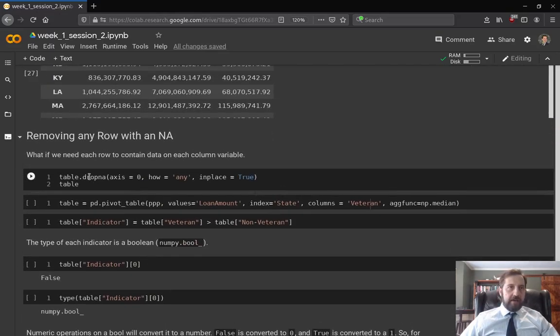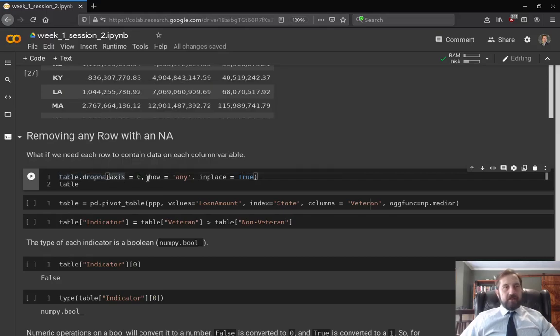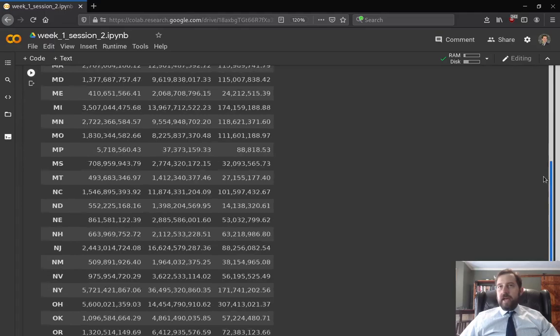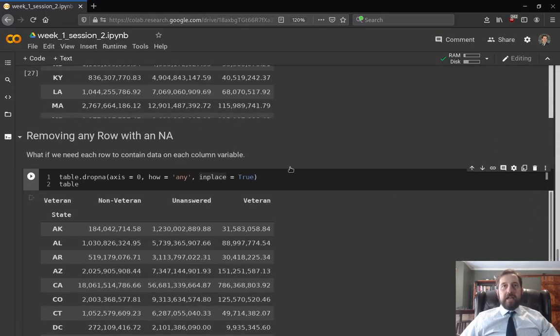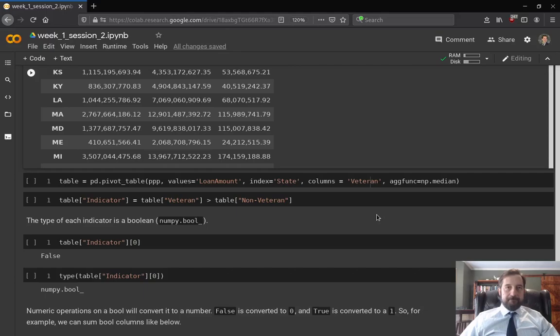We can do that by using this dropna function. We want to drop NA, axis here is rows, and then again with inplace equal to True. We can do that, and now we have data in every column for each row. So all rows have a complete set of data. And that is, like I said, extraordinarily useful.